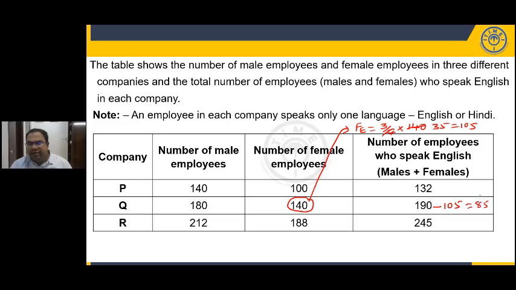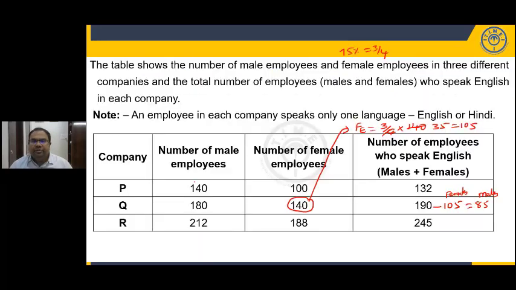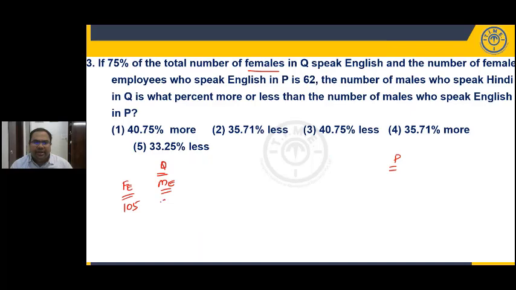The remaining 85 are males. So females English is 105, and males English is 190 minus 105, which is 85.